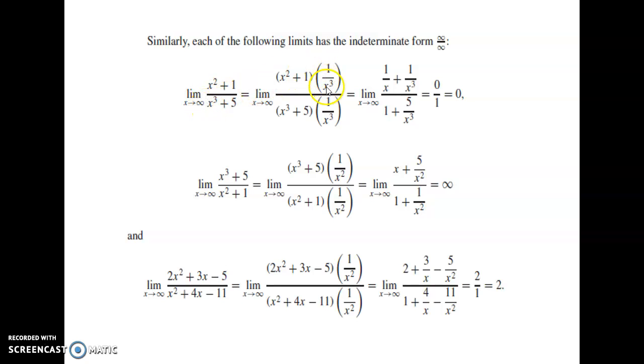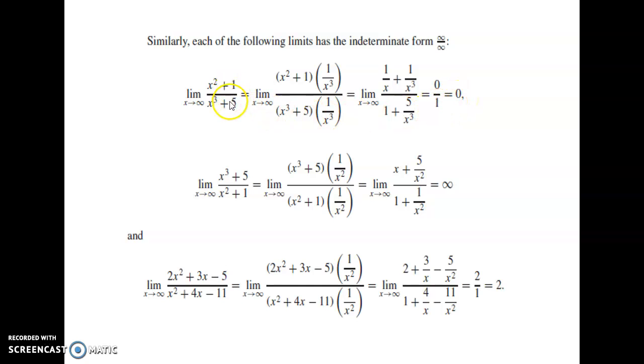So I will divide the numerator and denominator by 1 upon x cubed. Then I get this. As x tending to infinity, 1 by x tending to 0. So this is 0, this is 0, this is 0. So 0 by 1 plus 0, that is 0.